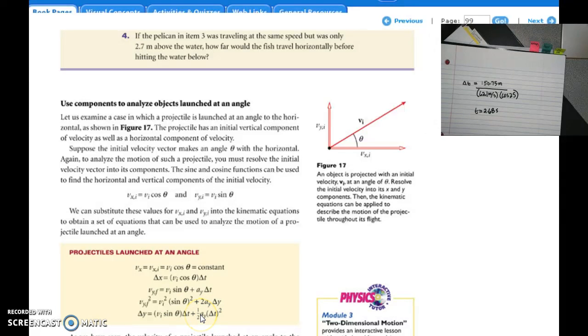Remember, acceleration is negative 9.81 meters per second squared. That makes a big difference in this problem, okay? Because when you do that, this number ends up being negative, and this number ends up being positive. So you'll end up with a larger number minus a smaller number, and that will give you your delta y.